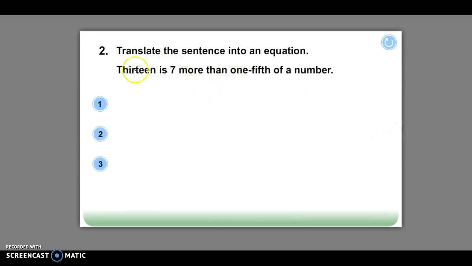So here we have 13 is 7 more than 1/5 of a number. Again, here goes the word more than. Is means equal, then we have 13, and 1/5 of a number that we do not know. Because of that more than, whatever is behind it needs to be in the front.